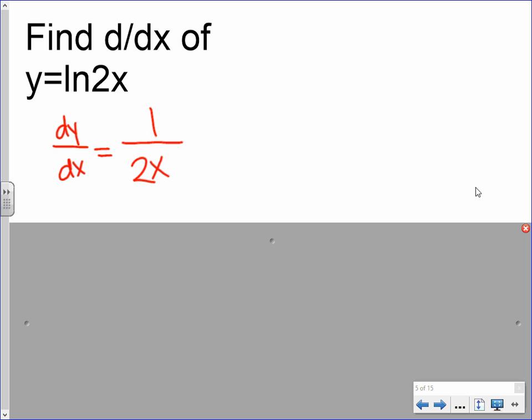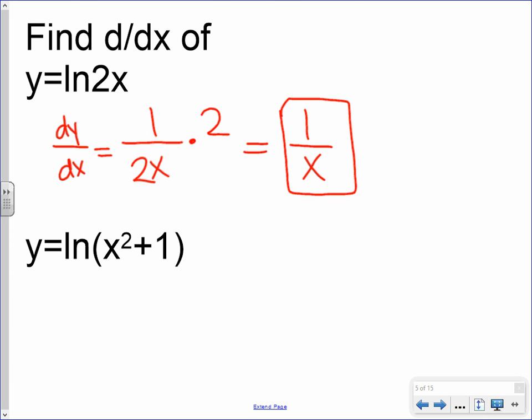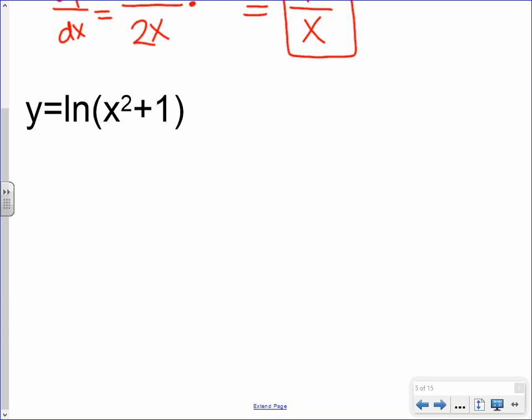Yes. If it's not x inside, you have to apply the chain rule. 2x is inside. What's the derivative of 2x? 2. What's our derivative? Kind of exciting, right? Next one, natural log of x squared plus 1.